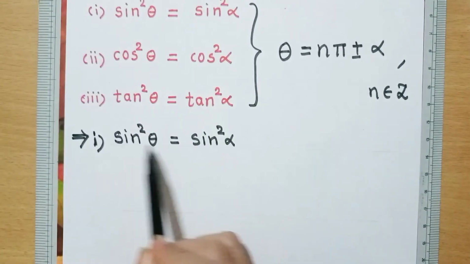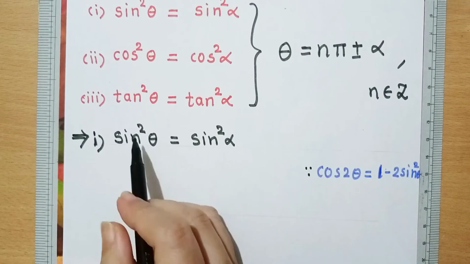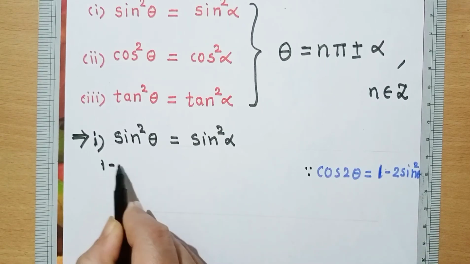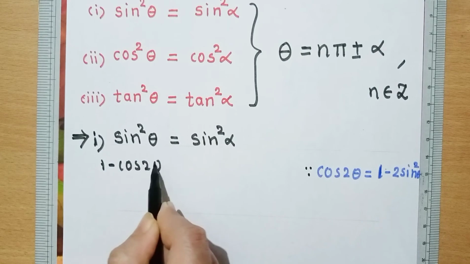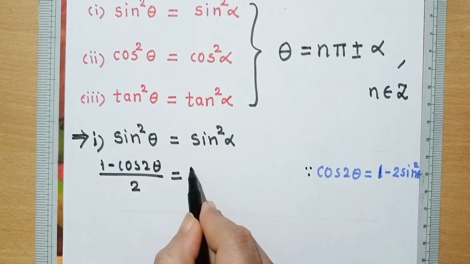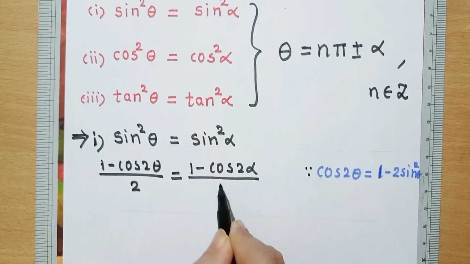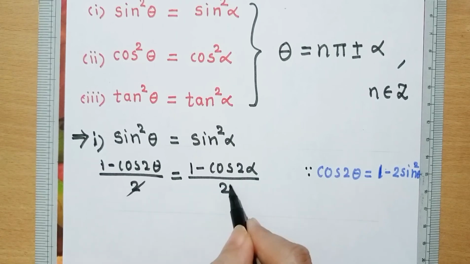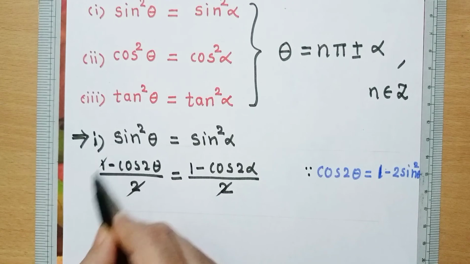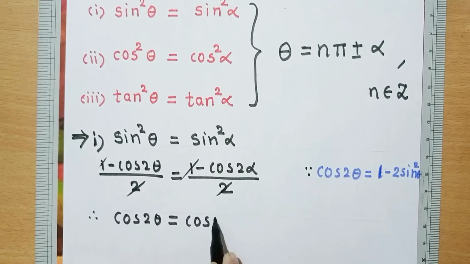To prove the first one, we have this. Now here we will use the cos 2 theta formula. So sin square theta is (1 minus cos 2 theta) upon 2. And the same here, instead of theta we will write alpha. So (1 minus cos of 2 alpha) upon 2. Now 2 gets cancelled from both sides. Again 1 gets cancelled from both sides. Minus sign is deleted. Therefore we have cos of 2 theta equal to cos of 2 alpha.